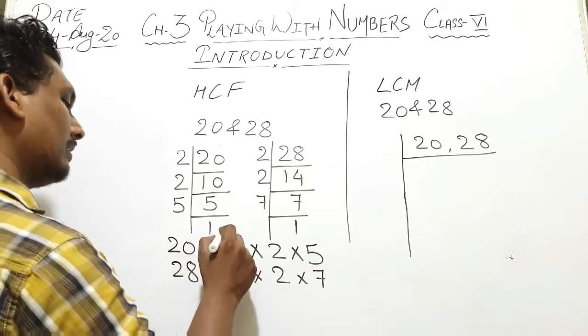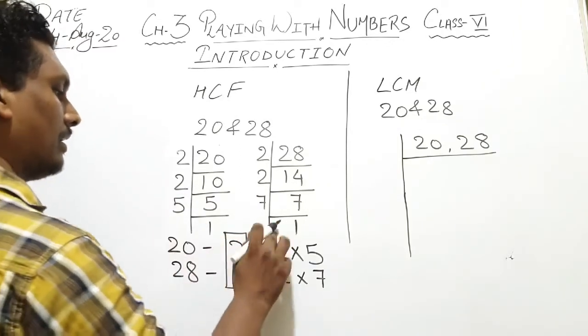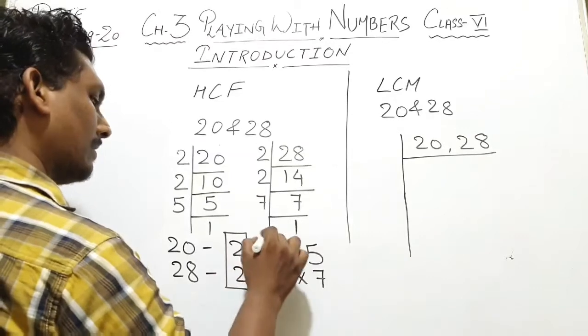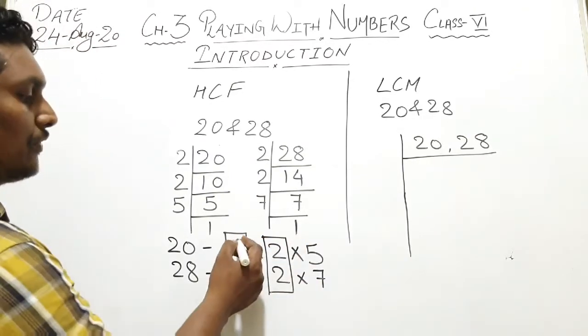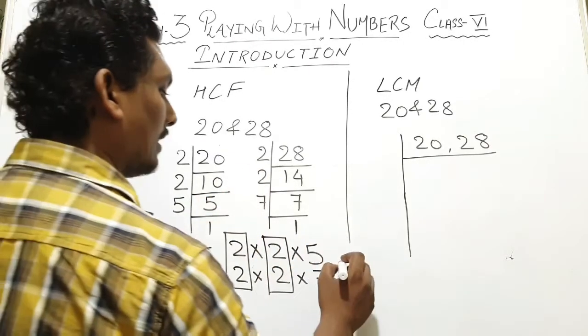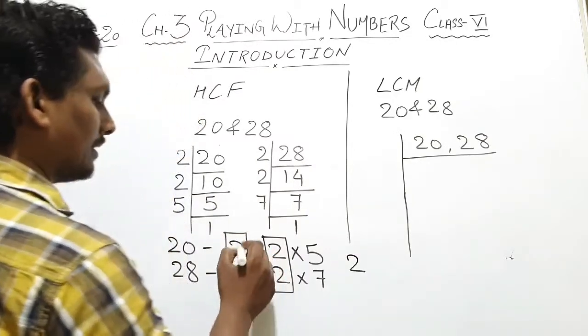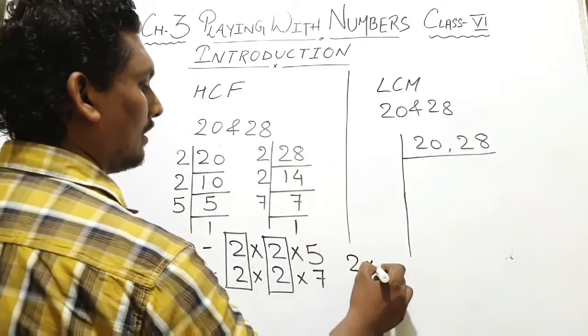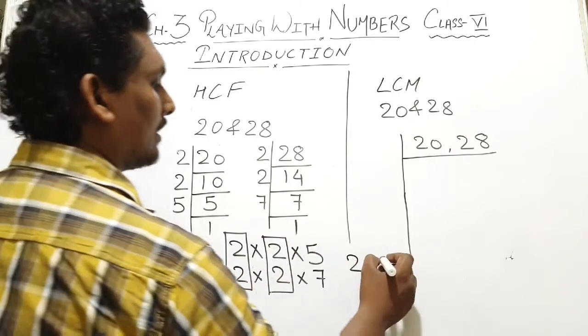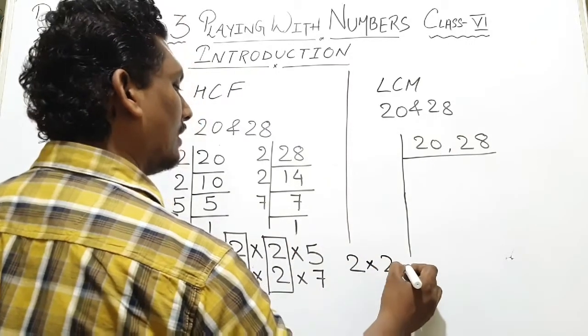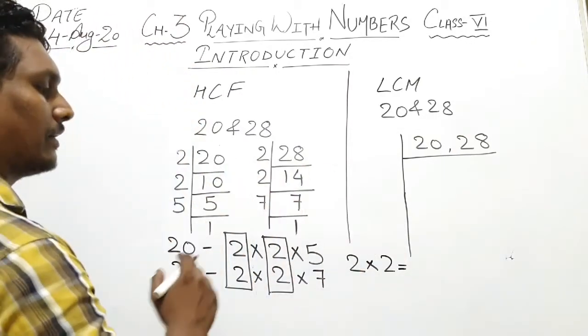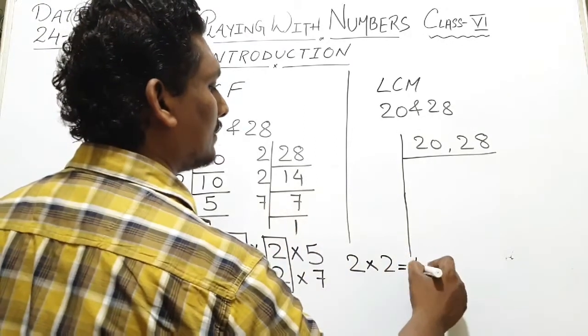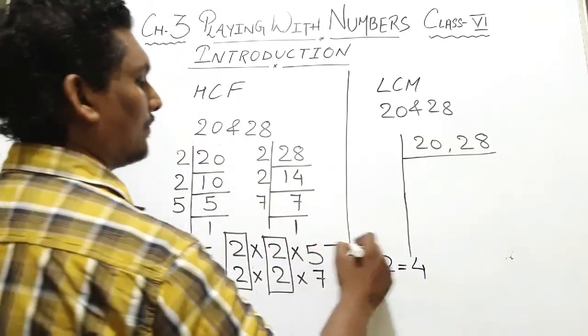If you see this 2 and this 2, out of this pair of 2s I have taken 1. Out of this pair I have taken 1. So the highest common factor is 2 into 2, that is 4.